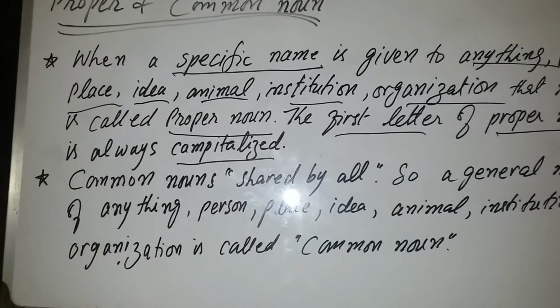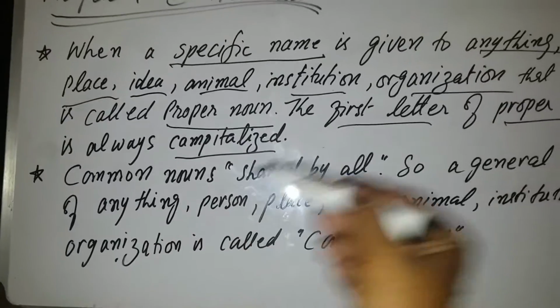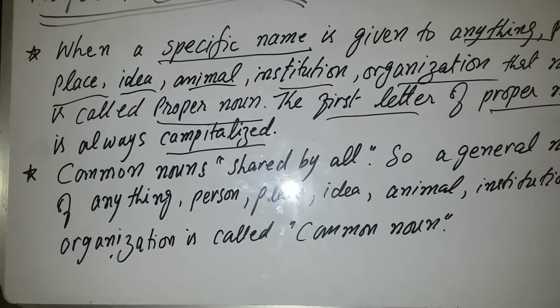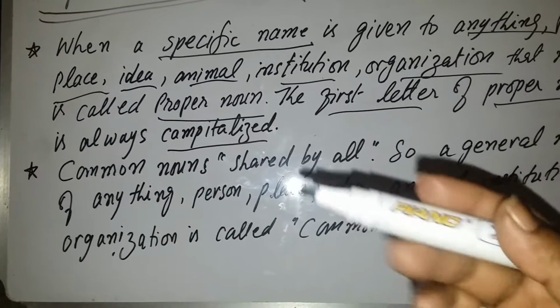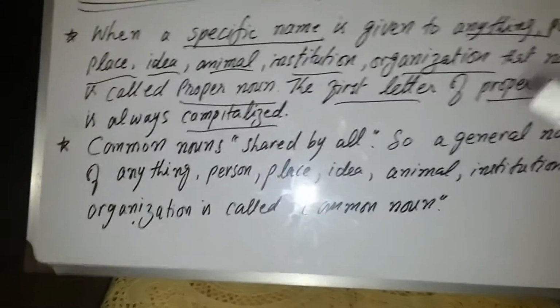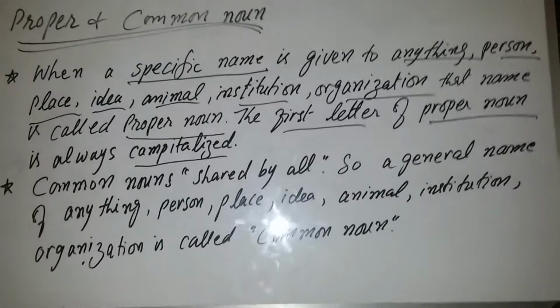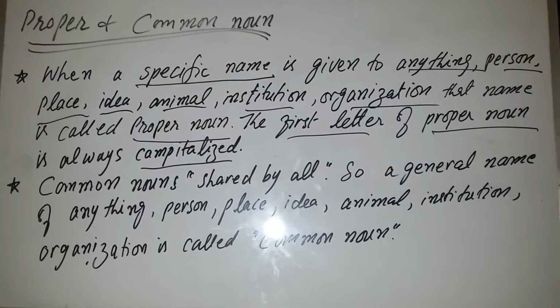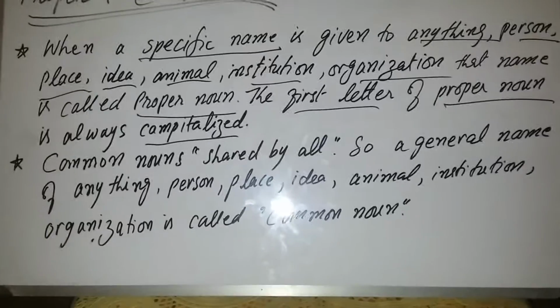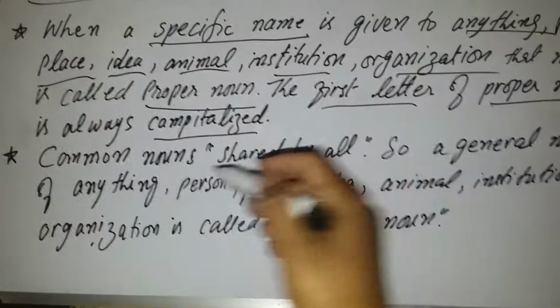What is the definition of common noun? Common nouns are shared by all. It means these are those names which can be shared by all. So a general name of anything, person, place, idea, animal, institution, or organization is called a common noun.